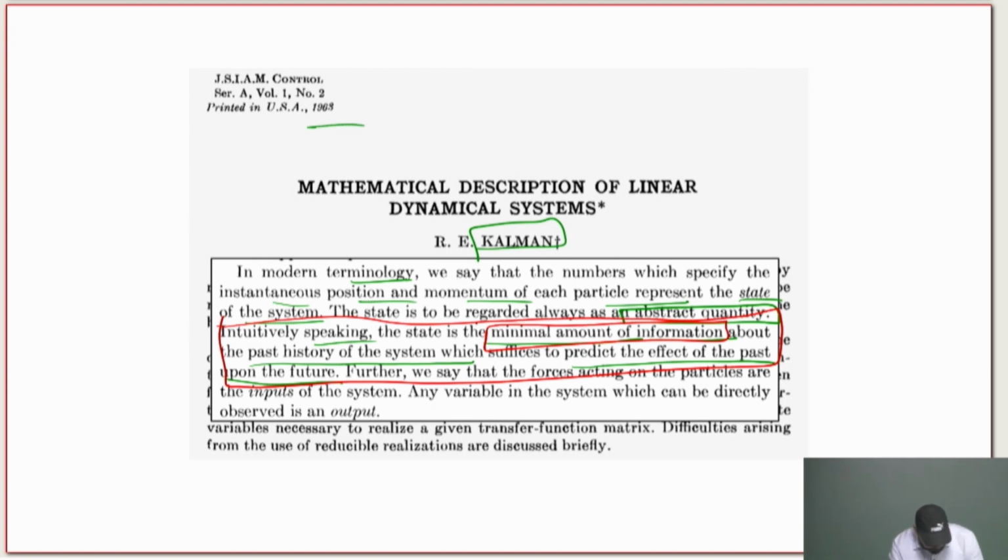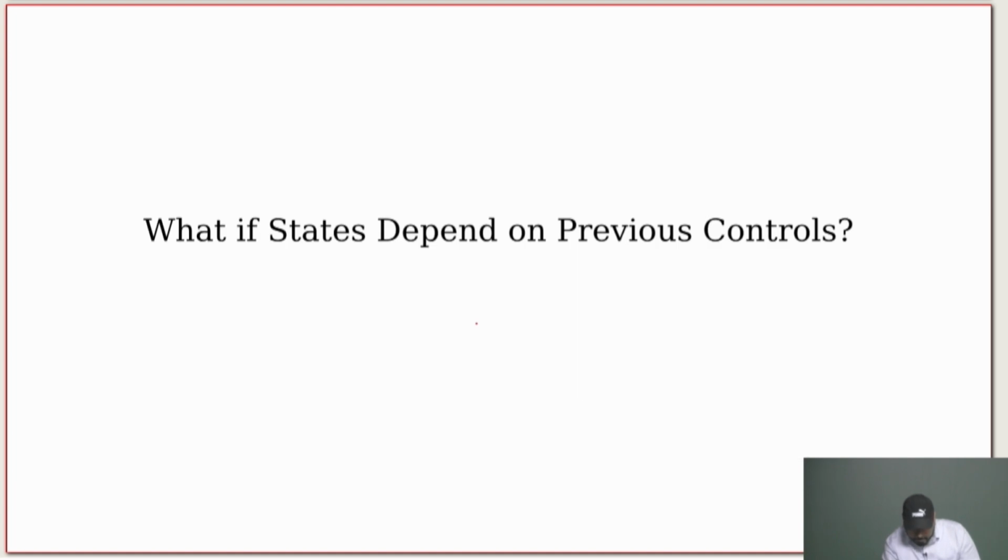So this means that to solve a very generic set of problems, we need to be a bit generous with the definition of states. Now let us generalize this definition of states so that we can solve a wide variety of problems, including Tetris. So we will try to model the Tetris game, which needs a little bit more generic view of state. So let us see this case where states depend on previous controls.